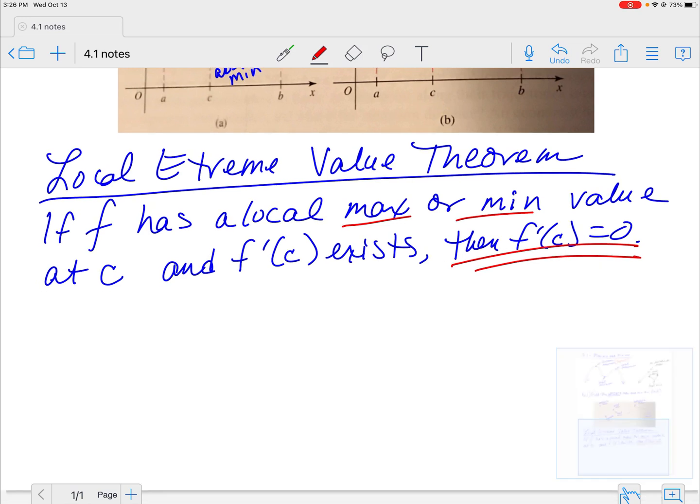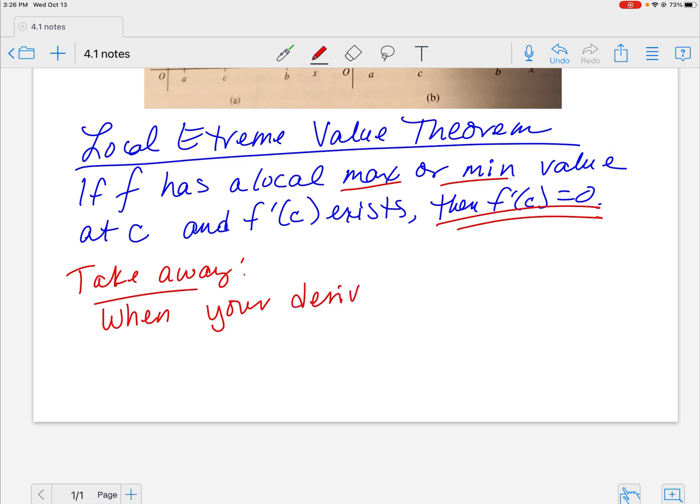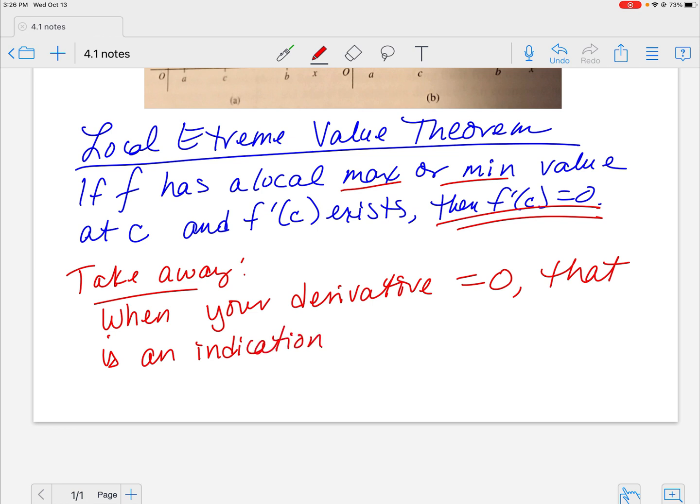All right, here's our takeaway from this. What I really get out of this and what I really need to pull from this piece of information here is, when your derivative equals 0, that is an indication of a max or min.